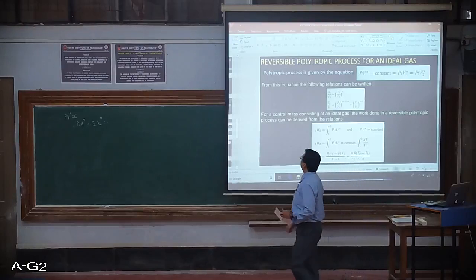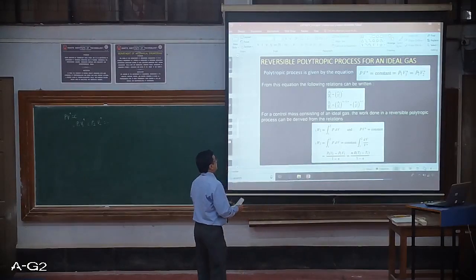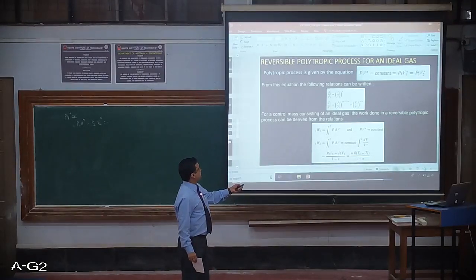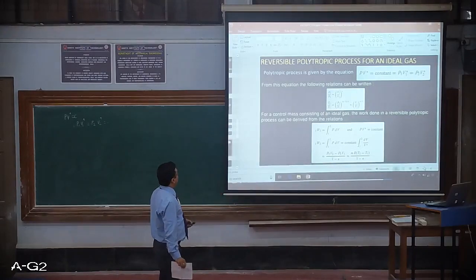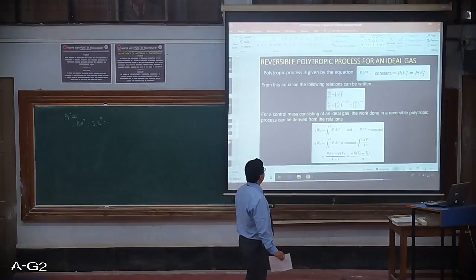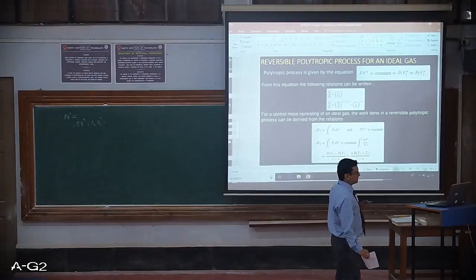So let's take up the polytropic process, which is already given as PV^n equal to constant, or P1 V1^n equal to P2 V2^n. We all know that. Now from these equations we need to develop some further relations.